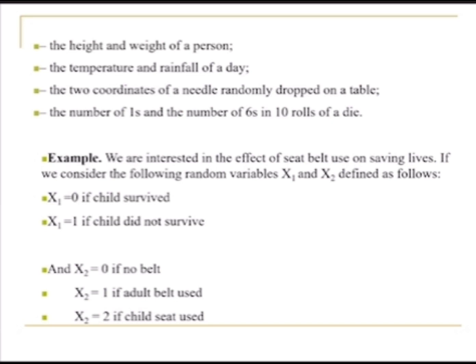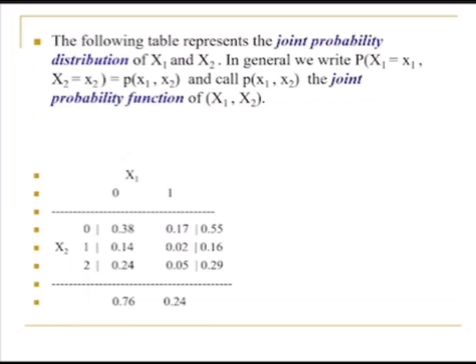Based on this, we're going to have a contingency table, a cross-tabulation table, because two variables are involved. Take a look at this now. The table that you are seeing represents the joint probability distribution of X1 and X2.